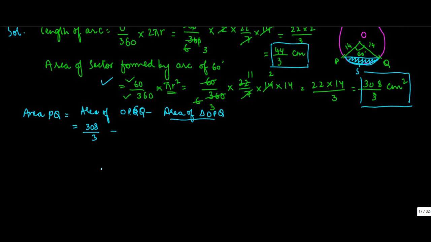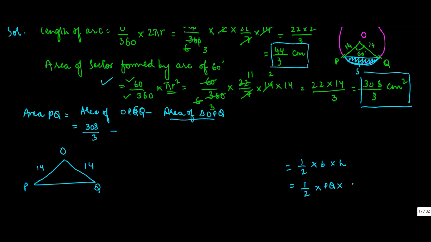So let's take triangle OPQ in isolation. You have 14 centimeter, you have 14 centimeter. Now you know area of a triangle is equal to half into base into height, or half into PQ into, let's say we draw a perpendicular from O to PQ and call it as ON.